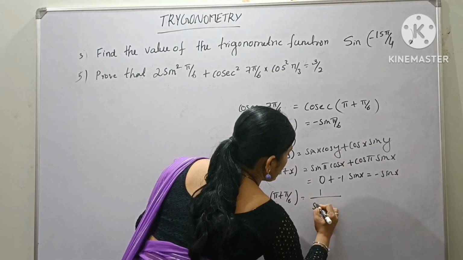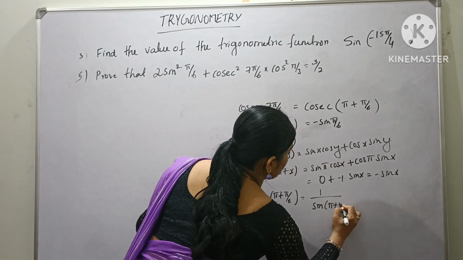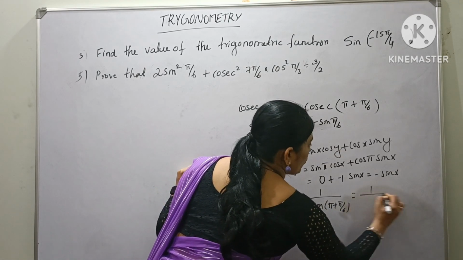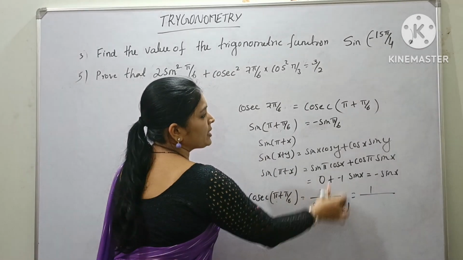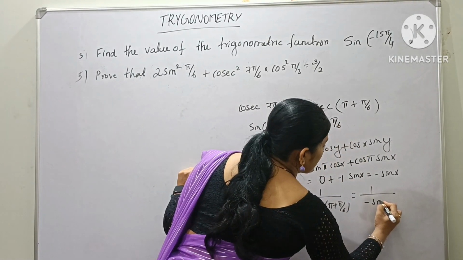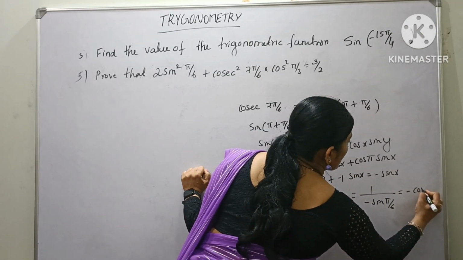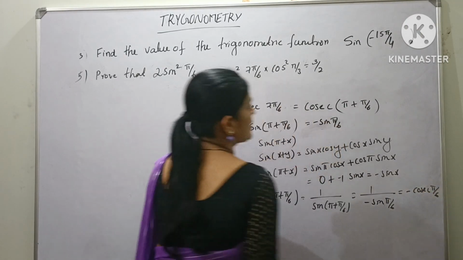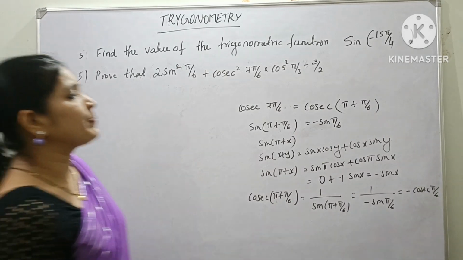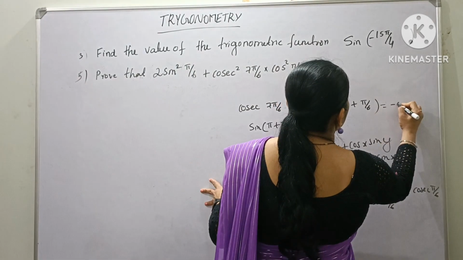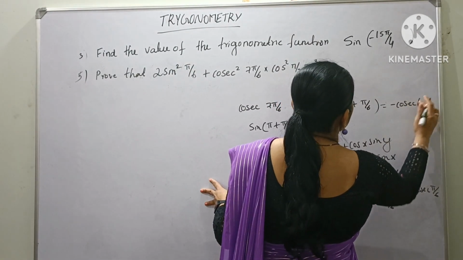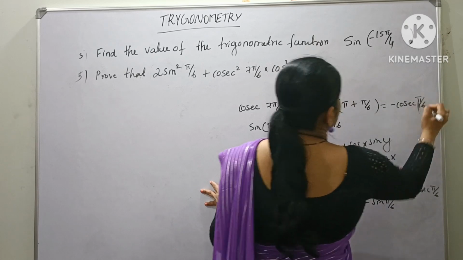So 1 by sine pi plus pi by 6, that is equal to 1 by minus sine pi by 6. Okay, that is minus cosec pi by 6. So cosec pi plus pi by 6 is minus cosec pi by 6.